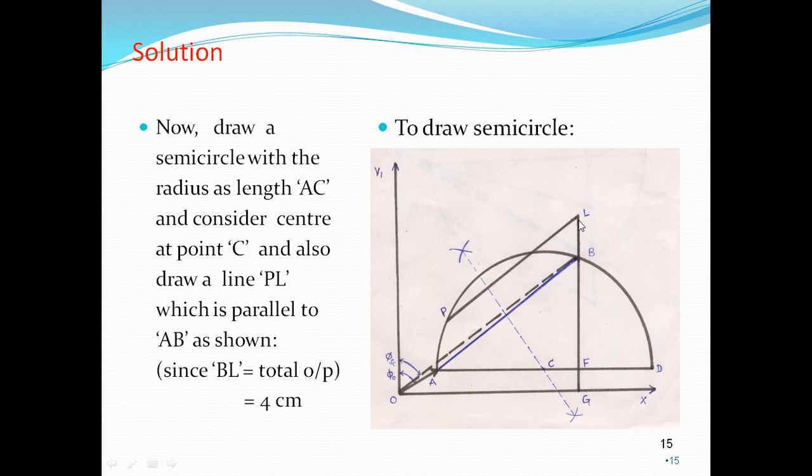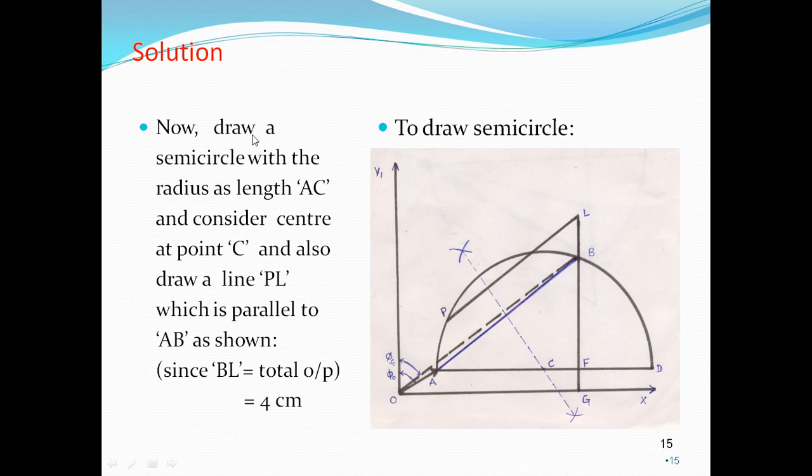Then you get a point L. From point L, draw a parallel line to the output line AB, which cuts the semicircle at point P. Here you can see it is cutting at two points, so we have to take this point P. Now you join OP.